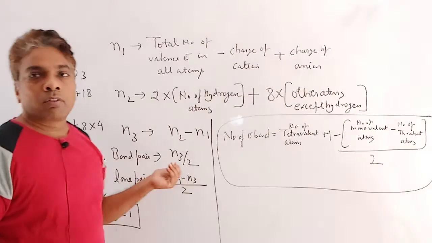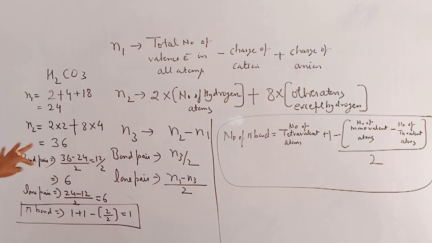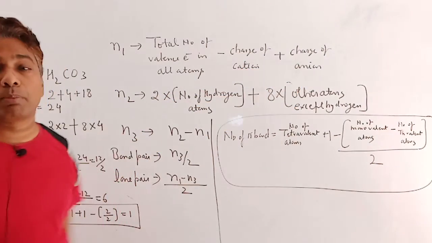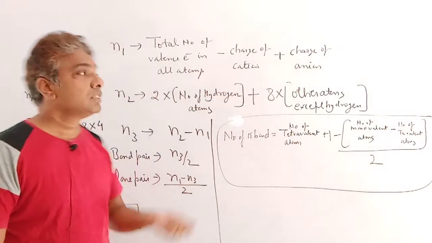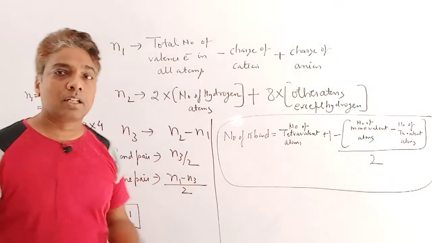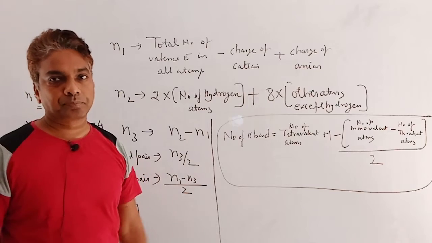If we want to calculate the number of bond pairs and lone pairs in case of a molecule, then the charge of cation and charge of anion will be 0. Clear?